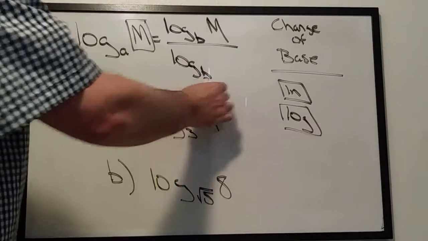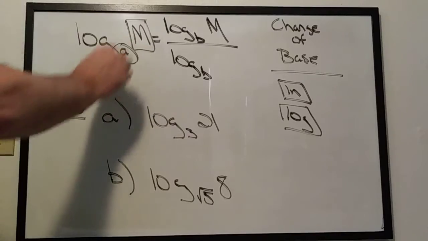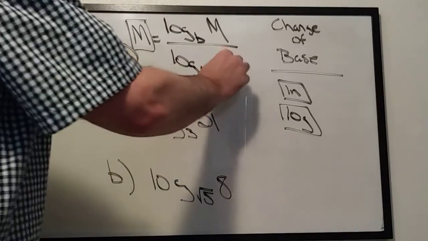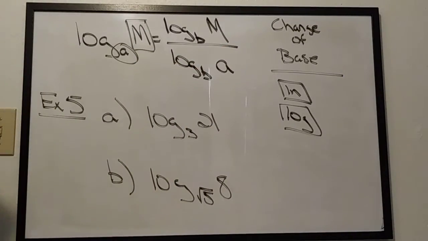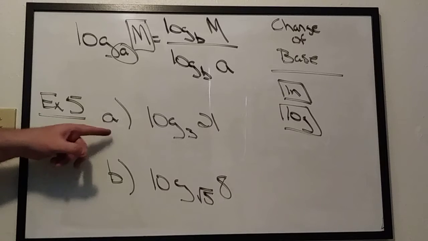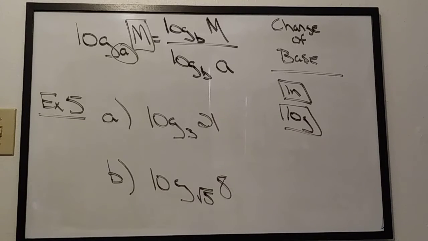And the argument in the denominator is, in fact, the original base. So it ends up being a here. So log base a of m is exactly the same as log base b of m divided by log base b of a.